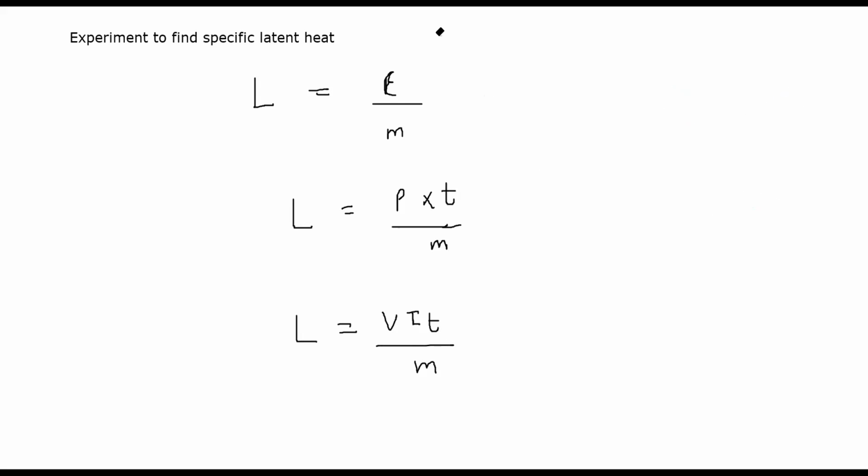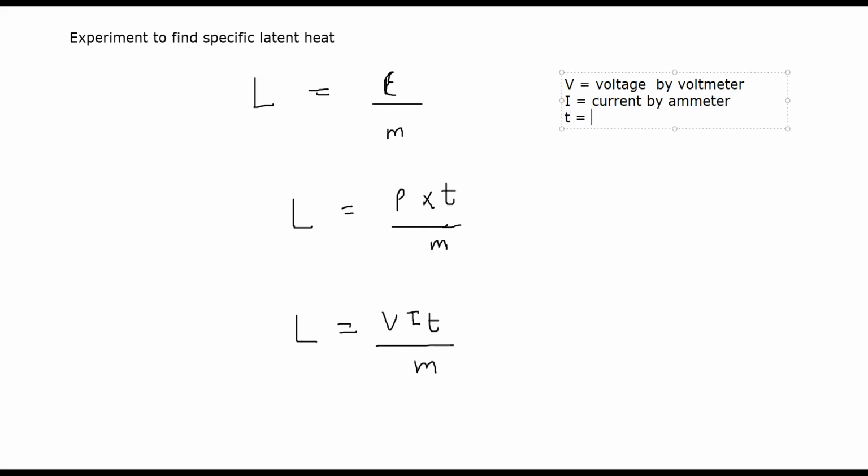So how is V, the voltage, measured here? By voltmeter. I is the current, by ammeter.